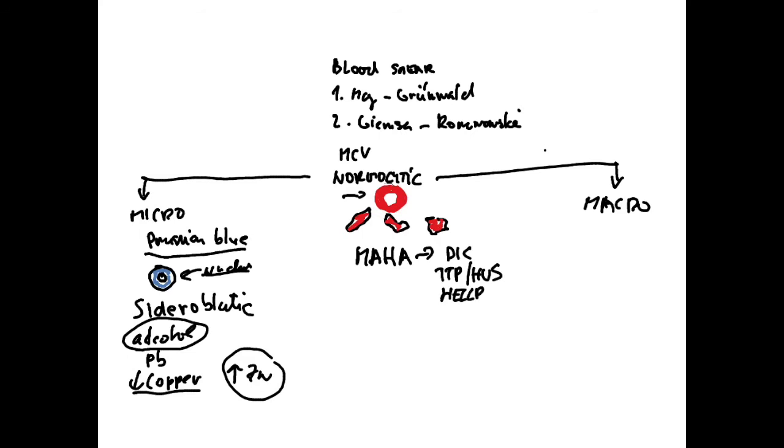Then you can have spherocytes, so spherocytosis. They have a sort of normal volume, but compared to the normal erythrocyte over here, they will be beautifully red, like totally. They will have normal size, but they will be very much spheric. So this is typical for spherocytosis.